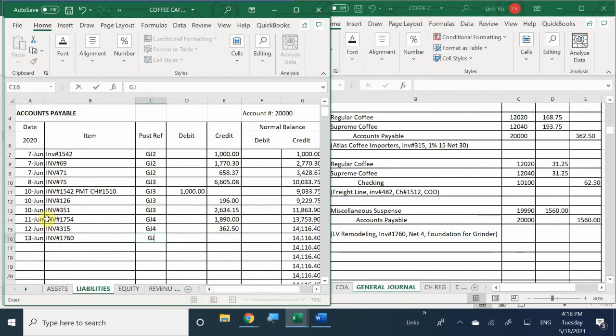General journal number 4. And this time we're increasing it by 1560, which now brings our account way up into the balance of $15,676.40. So once again, not looking too good here.